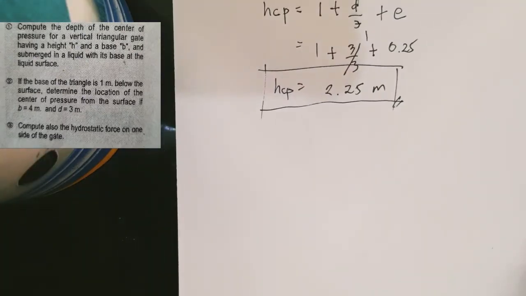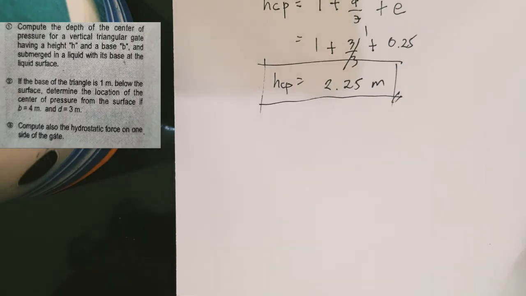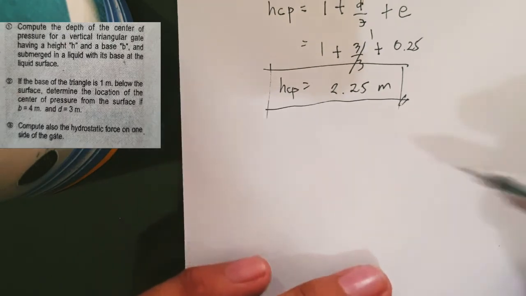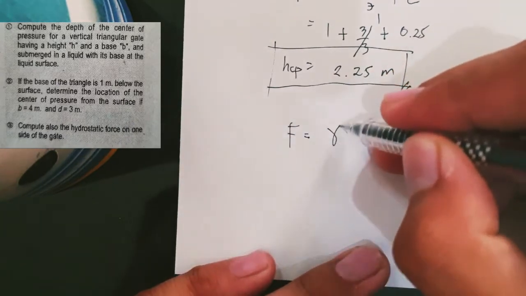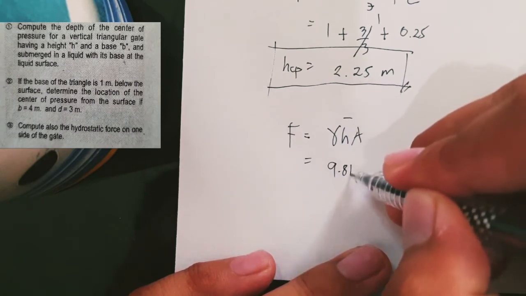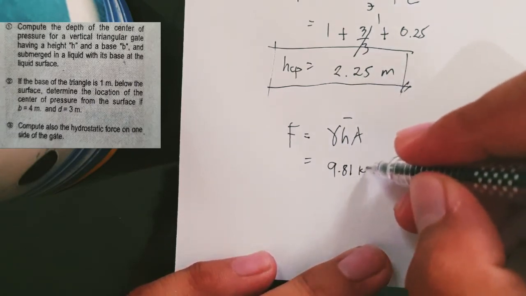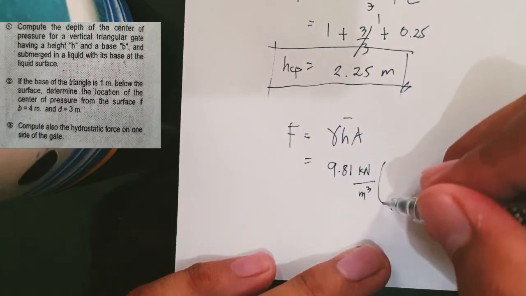So lastly, compute the hydrostatic force on one side of the gate. So the hydrostatic force F formula is gamma H bar A, gamma of water 9.81 kilonewton per cubic meter times H bar.